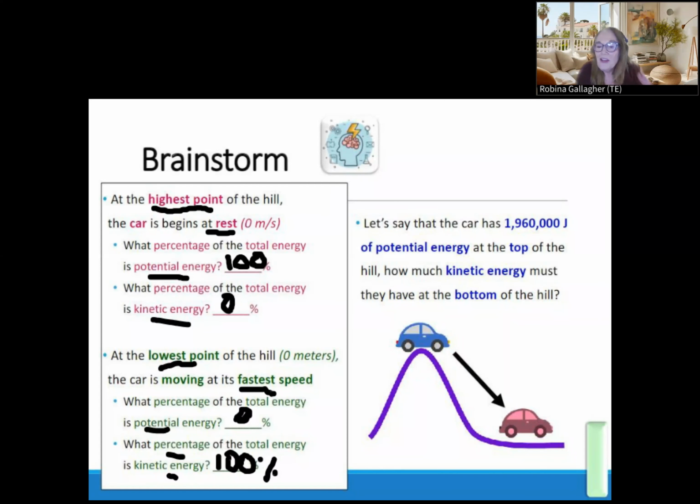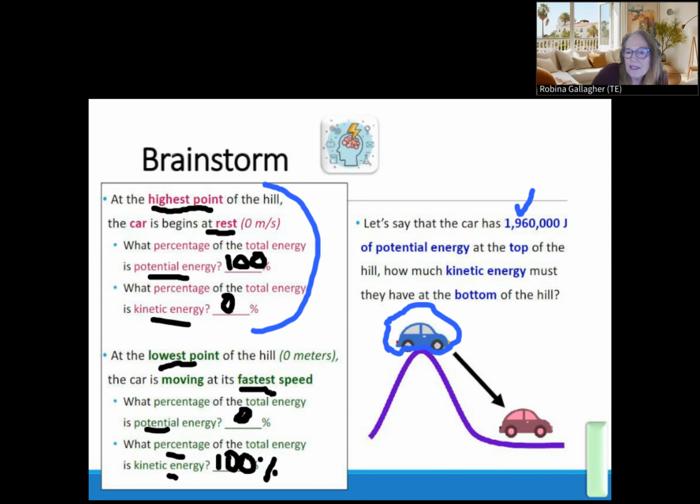Okay. Remember, we're talking about kinetic energy. So remember over here, we said that 100% up at the top is 1,960,000 joules of potential energy.